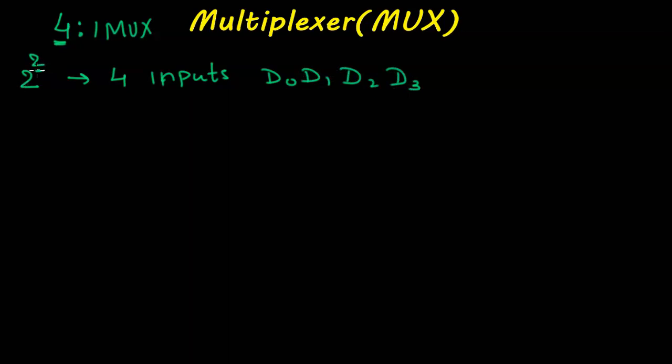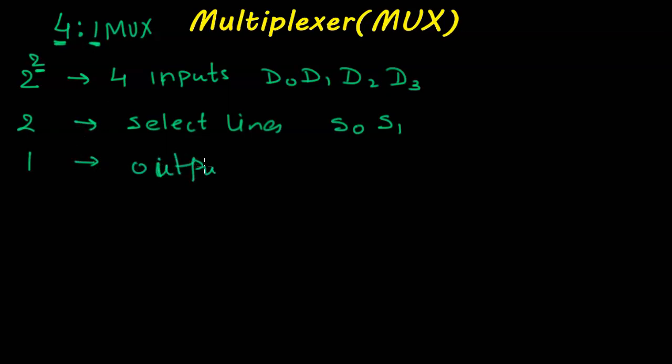Here we have 2 select lines. Let's call them S0 and S1. And because it's a MUX, we have 1 output. This is called Y. So we have a 4:1 MUX.